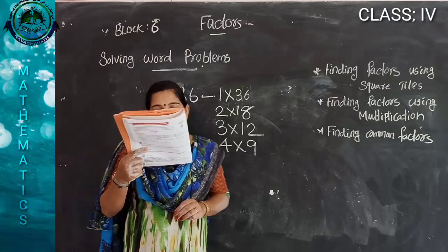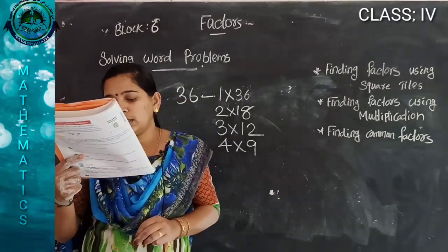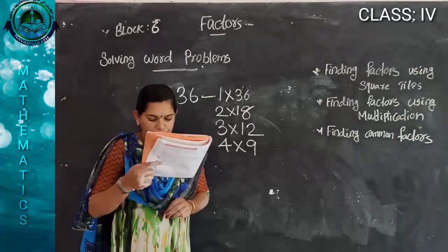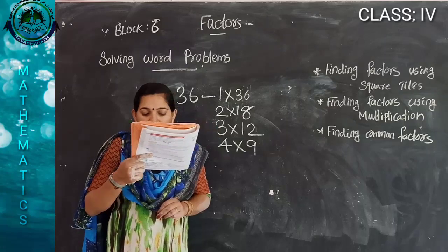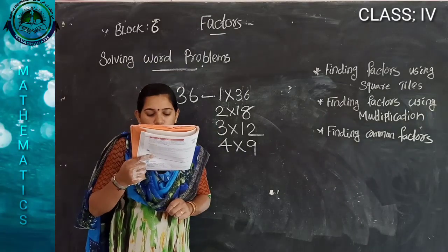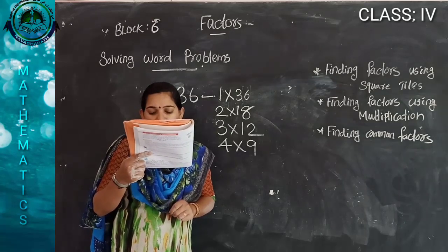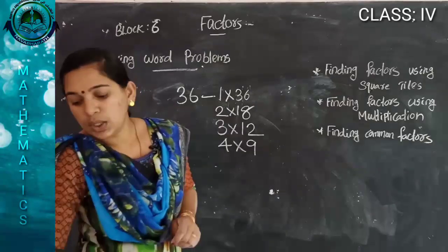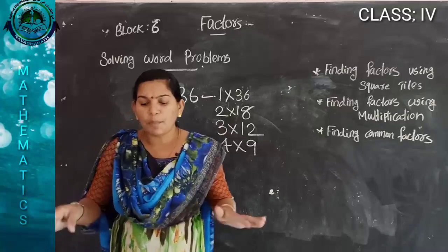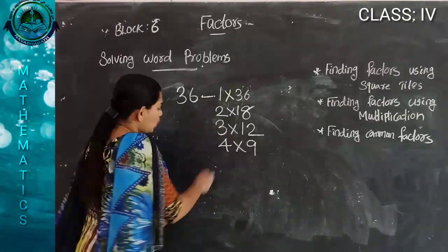The next question. A shopping mall wants to make a parking lot where 100 cars can park in rows and columns with an equal number of cars in each column. How can the 100 parked cars be arranged? Write all the different ways. So in a shopping mall, cars are parked in rows and columns.